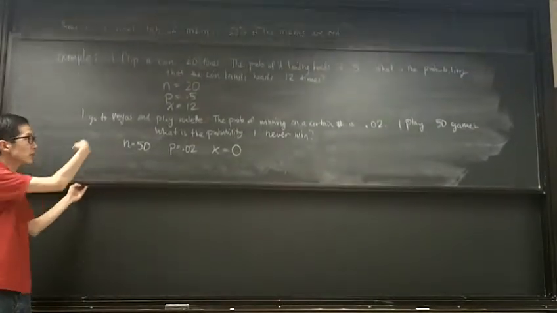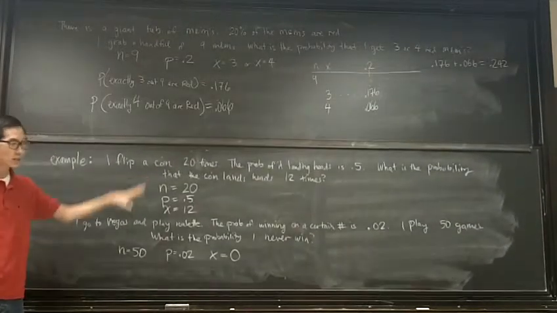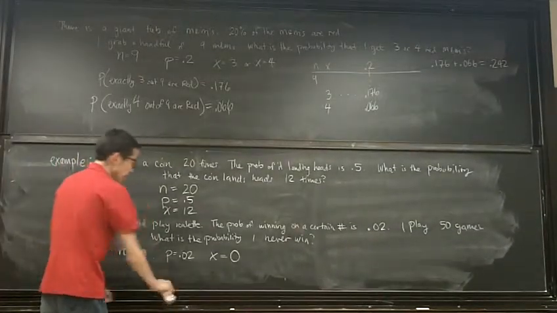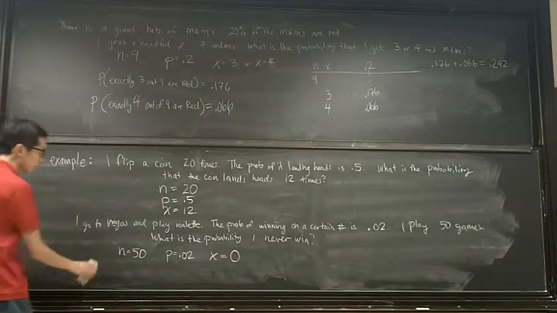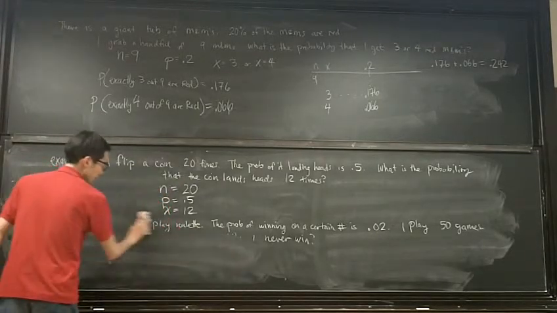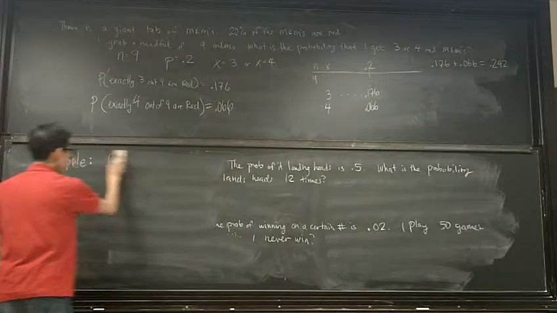Okay. And again, please look over these other examples that I put up here. Our table doesn't have all of the n's and the p's. The n's only go up to a certain number and things like that. So don't worry.